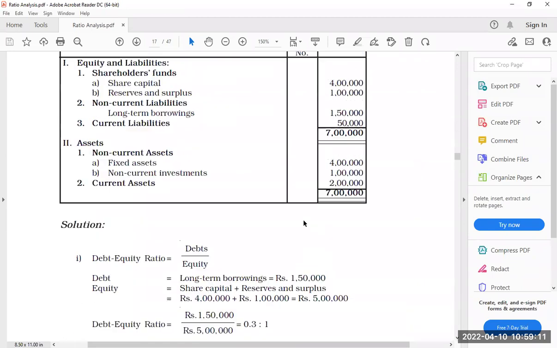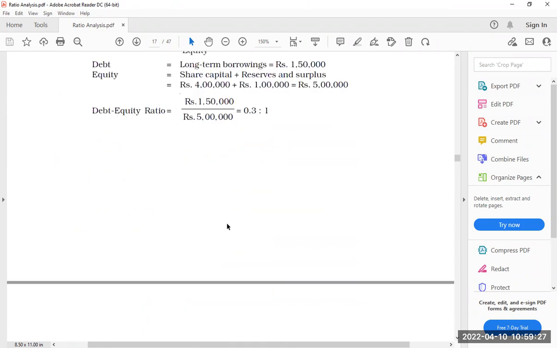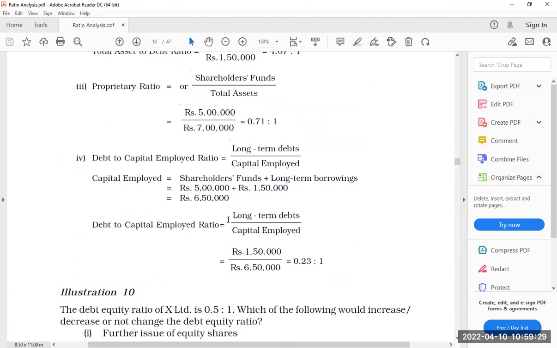Then the proprietary ratio. What's the formula for proprietary ratio? Shareholder fund divided by capital employed. Shareholder fund is 5 lakhs. Capital employed means long-term borrowings plus shareholders fund.